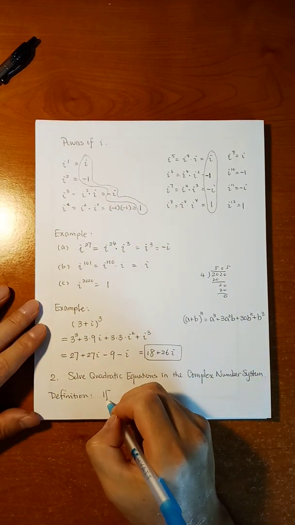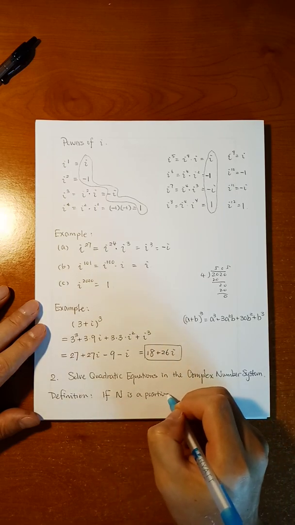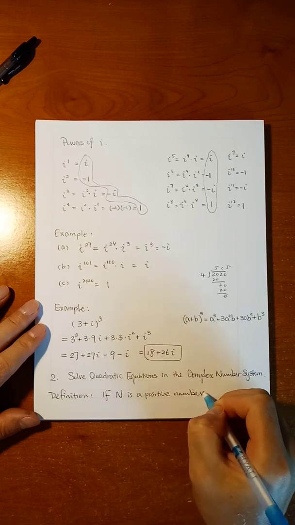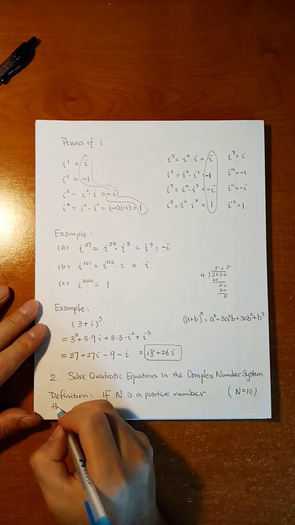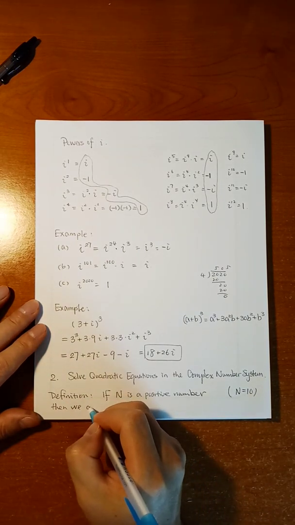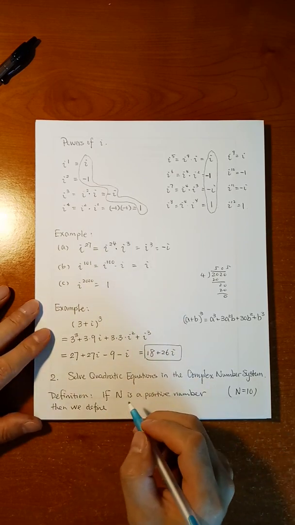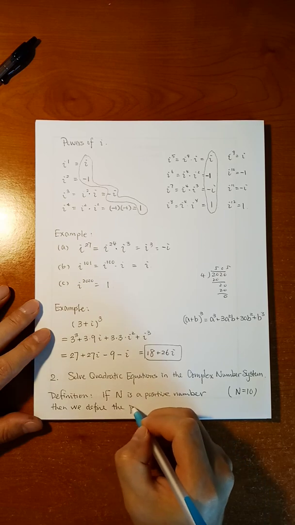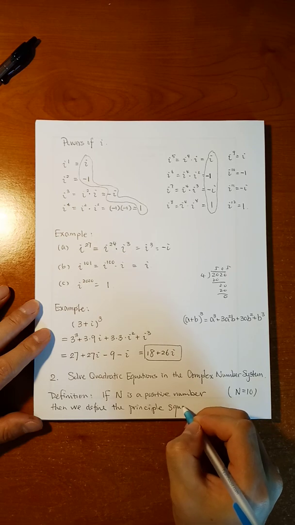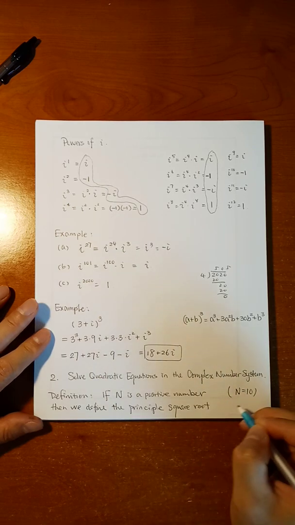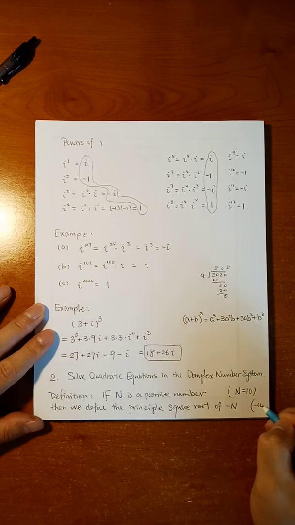If n is a positive number, for example, if n is 10, then we define the principal square root of negative n, here negative 10.